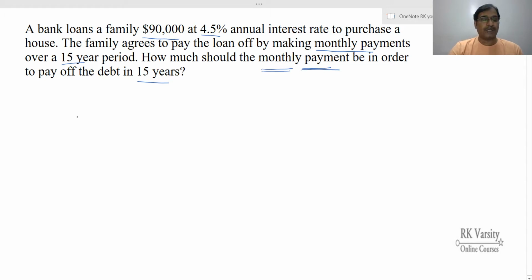The present value annuity factor, ordinary, equals payment times 1 upon I minus 1 by I times (1 plus I) to the power of n. This equation we use to calculate the present value of an ordinary annuity.